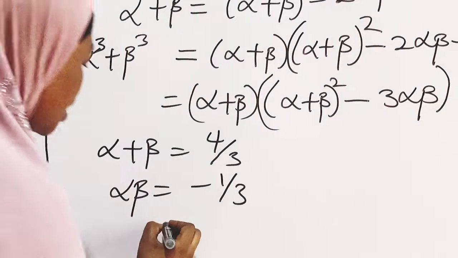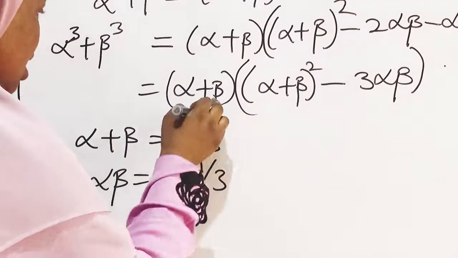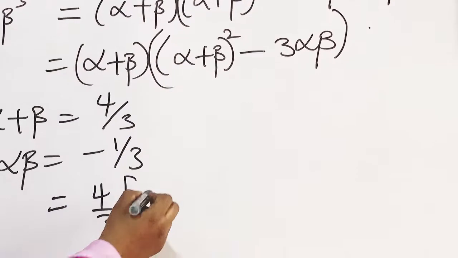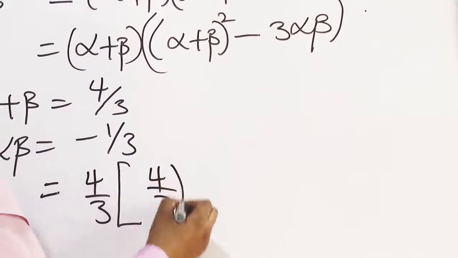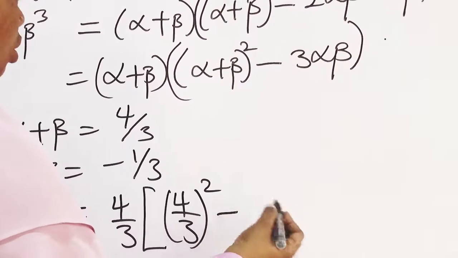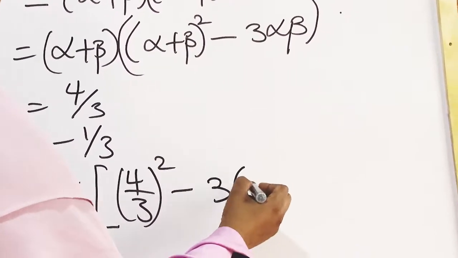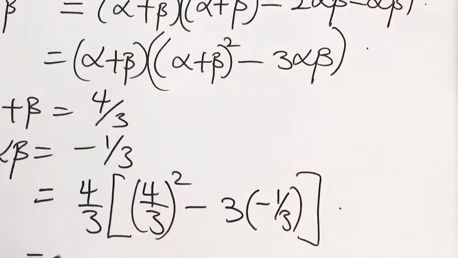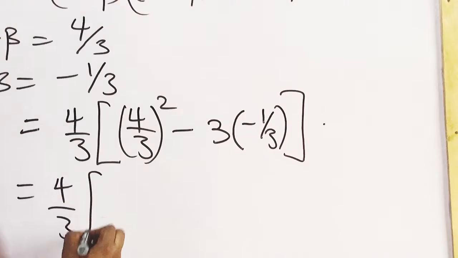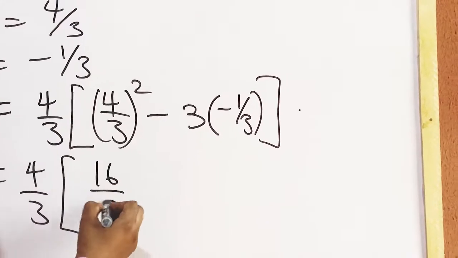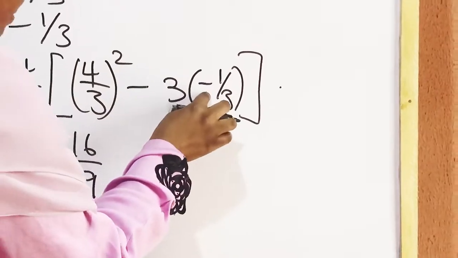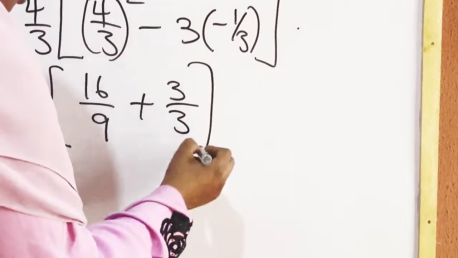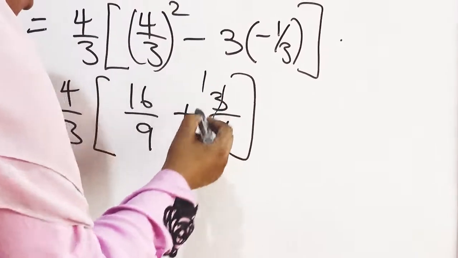So it is equal to 4 over 3, everything multiplied by 4 over 3, then you square it, then minus 3 multiplied by minus 1 over 3. So everything is equal to 4 over 3 multiplied by 16 over 9, then minus 3 multiplied by minus 1 over 3 gives plus 3 over 3, and 3 over 3 is 1.